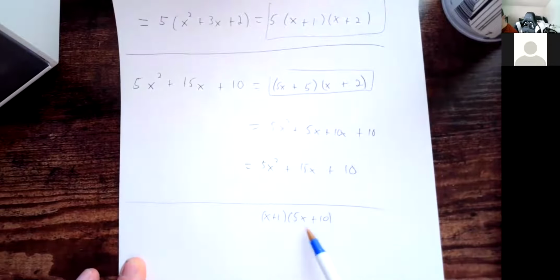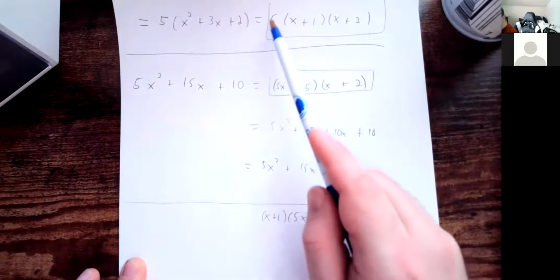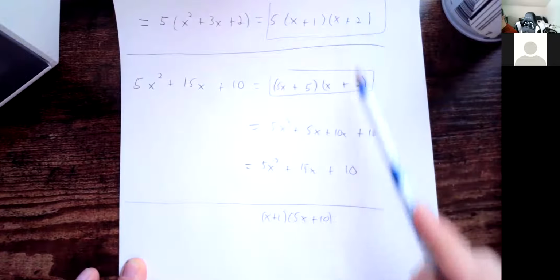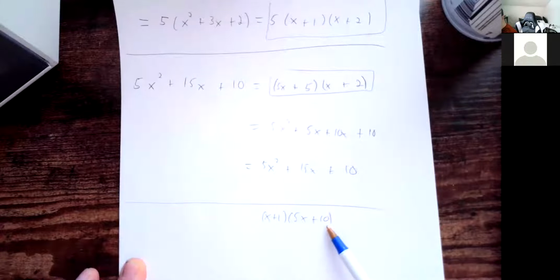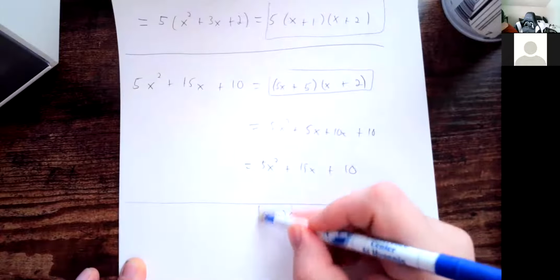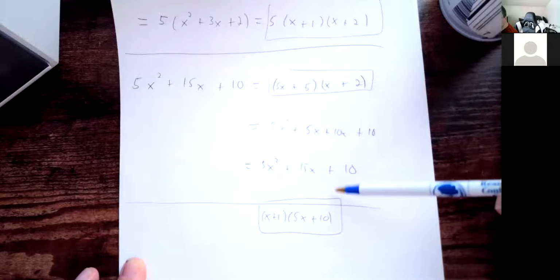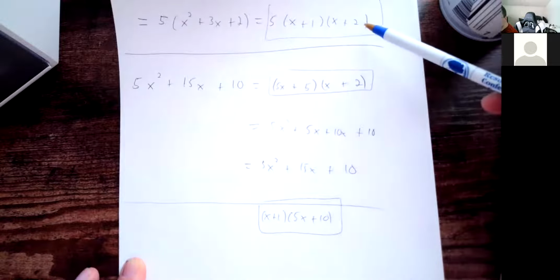So see, where I'm getting this 5x plus 10 is I'm taking this 5 and multiplying it onto the x plus 2 to give me 5x plus 10. So any one of these three could have been an answer to the problem.